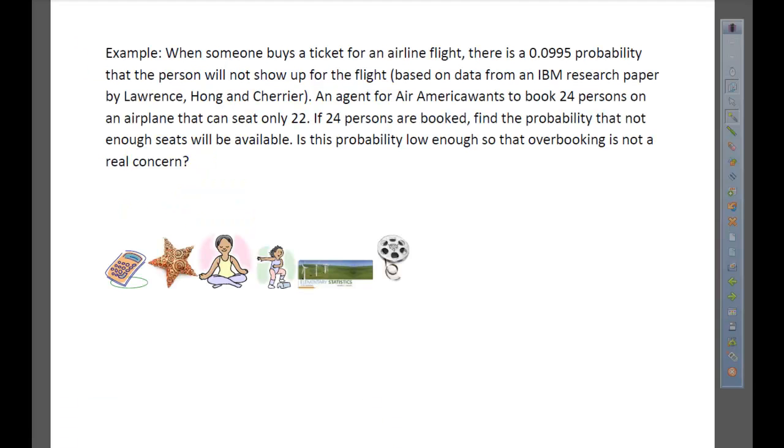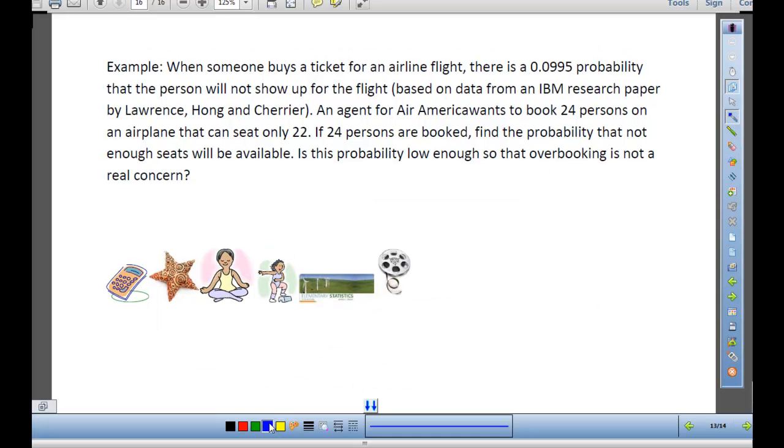So if we go back to this example regarding the airlines, let's say we were interested in calculating the average number of people to show up for the flight. We already decided that this thing was binomial. So the average number, well, let's do it this way, of no-shows.